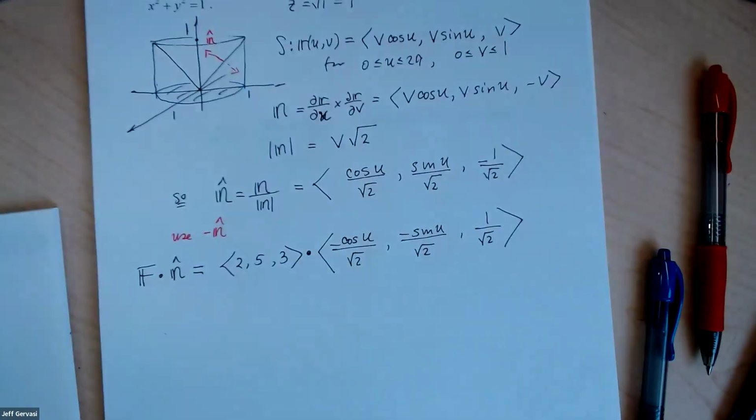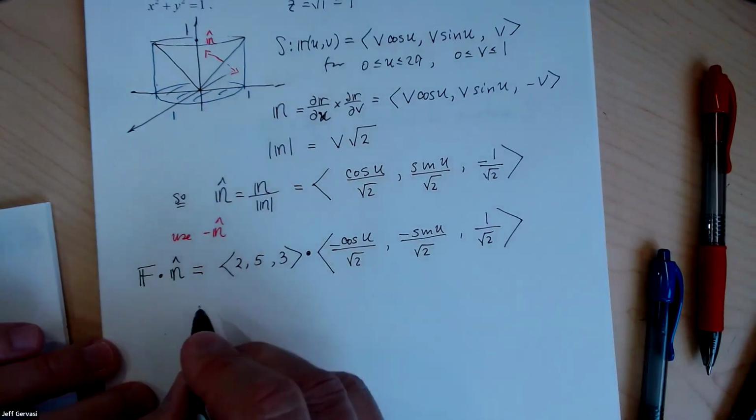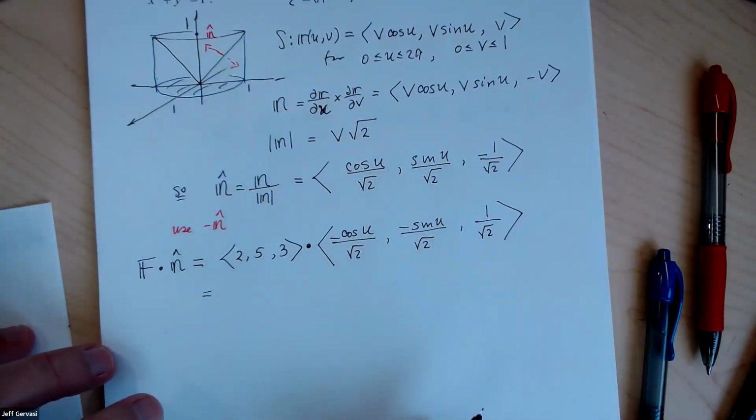All right, how's that look? Yeah? All right, now when I dot those together, multiply the corresponding components and add them.